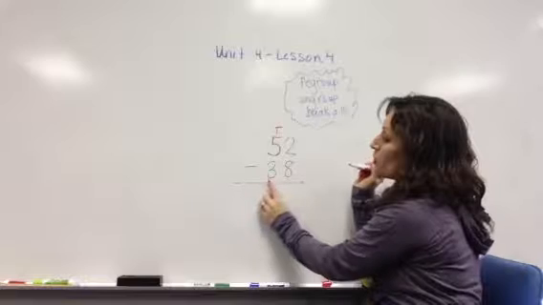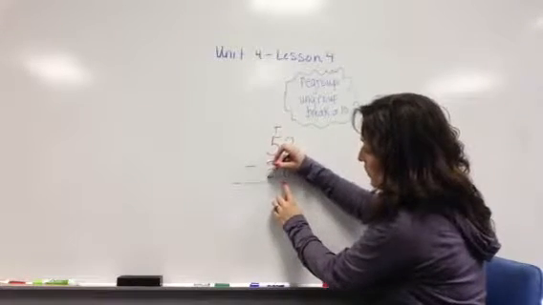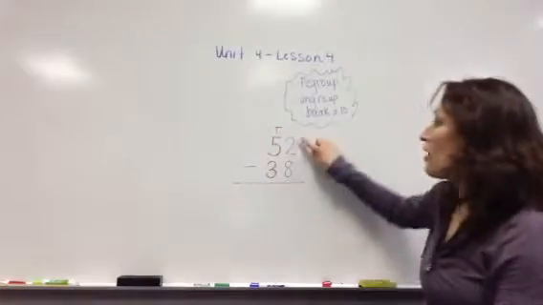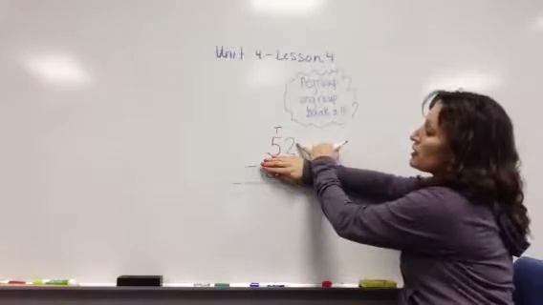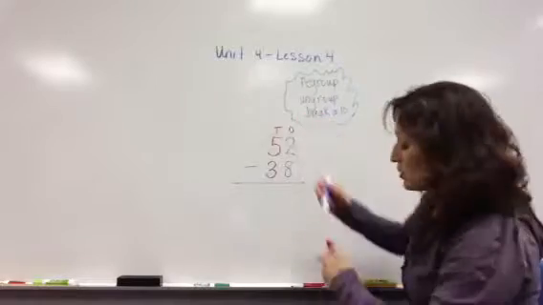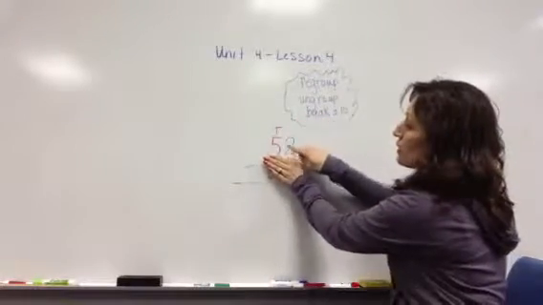Then the most powerful position of this number, 38, is the 3, because it's talking about 3 tens. The other digit in the number 52 is talking about ones, and the 1 spot is not as powerful as the 10 spot.